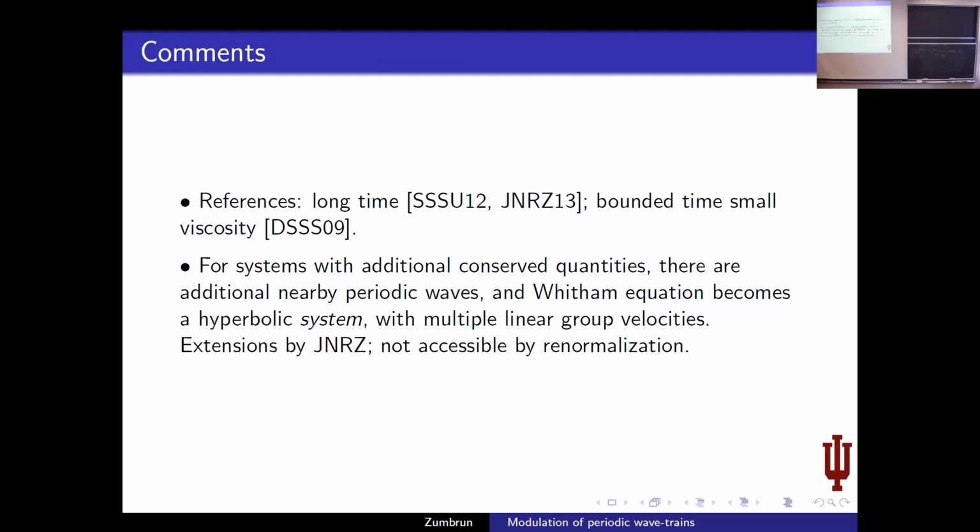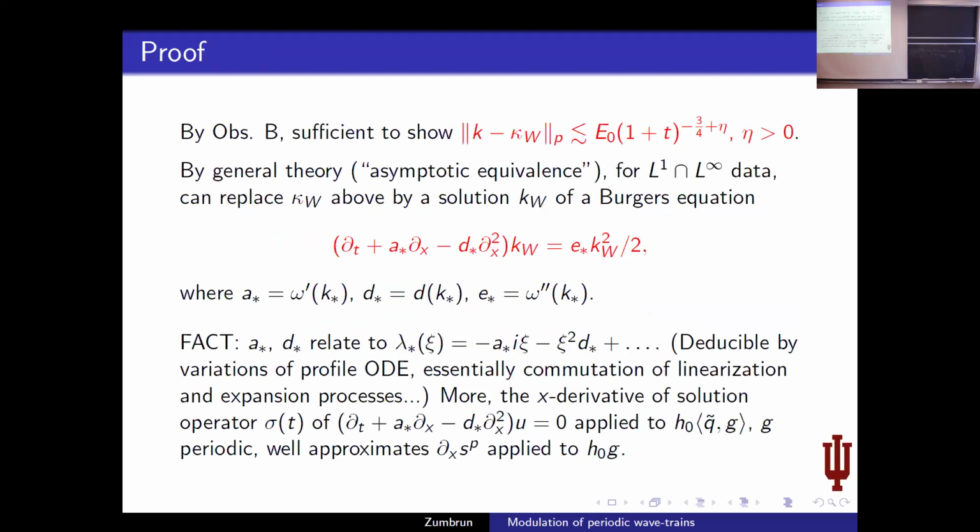And it's not accessible by the renormalization, at least not that I know of. I don't know how to do it by renormalization. So these methods that we're using really are designed for this case.